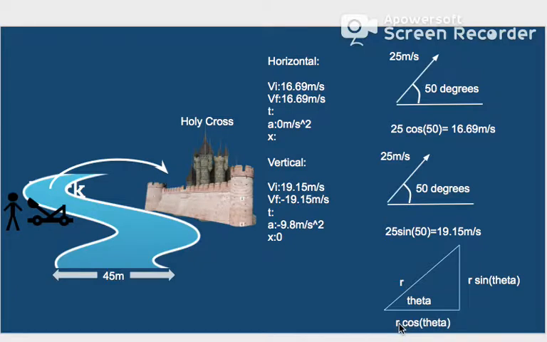Down here we have our x component. To find the x component using polar coordinates, you take the hypotenuse, or r, 25 meters per second as our initial velocity, and multiply it by the cosine of theta, which will give us our x component and our horizontal initial velocity.